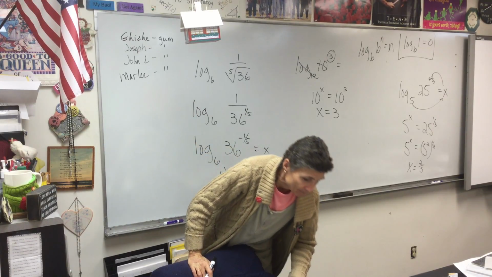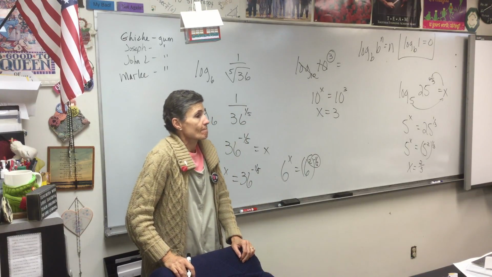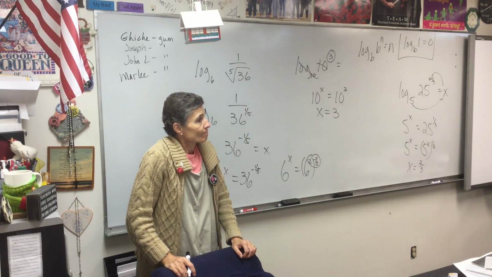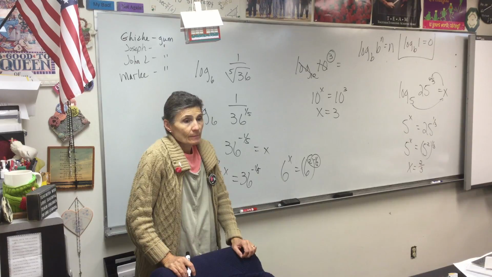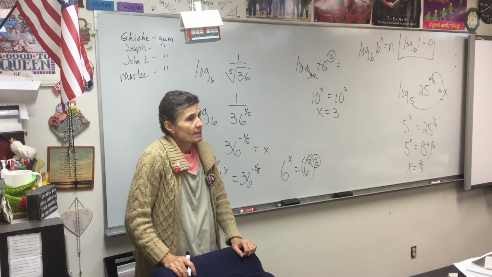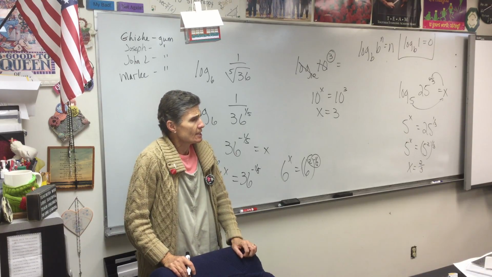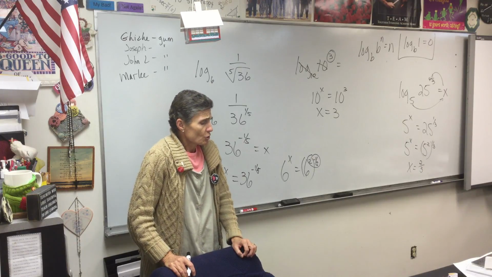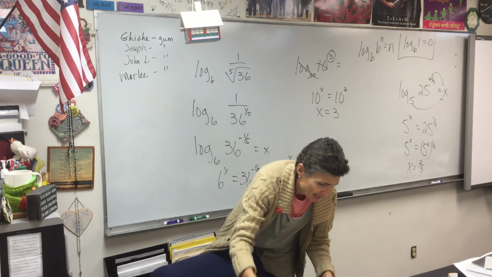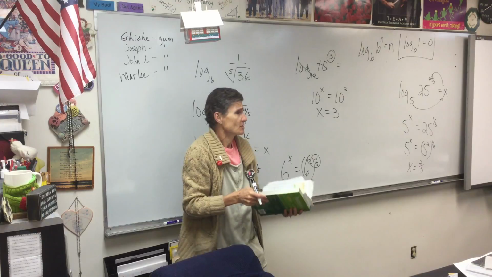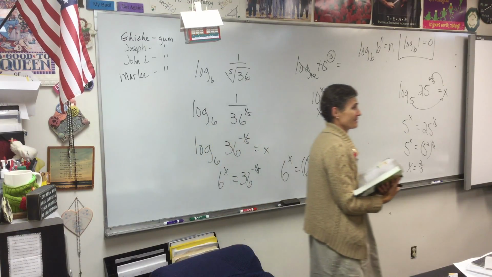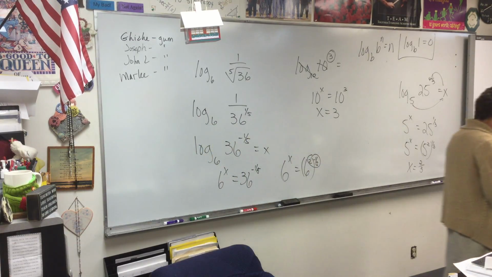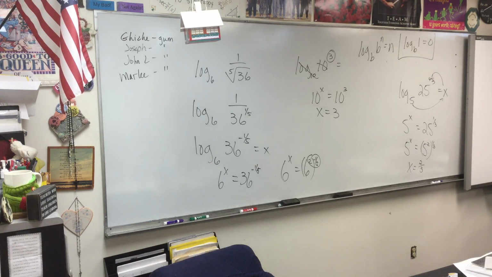Okay, what about 8? What's 10,000? 10,000 is 10 to the 4th. So you have the log base 10 of 10 to the 4th. So the answer to number 8 is just 4. What about number 9?